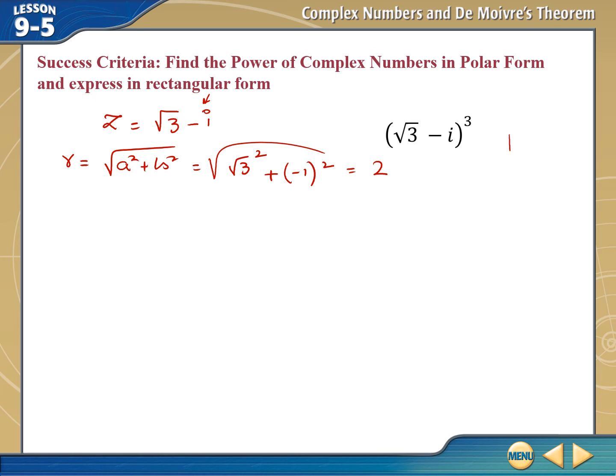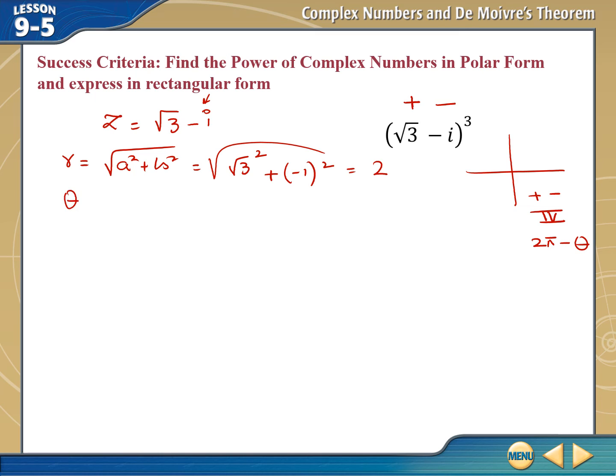After that, we have to find out in which quadrant this complex number lies. The real part is positive and the imaginary part is negative, which means this complex number lies in the fourth quadrant. And in the fourth quadrant, the formula for the argument is 2 pi minus theta.